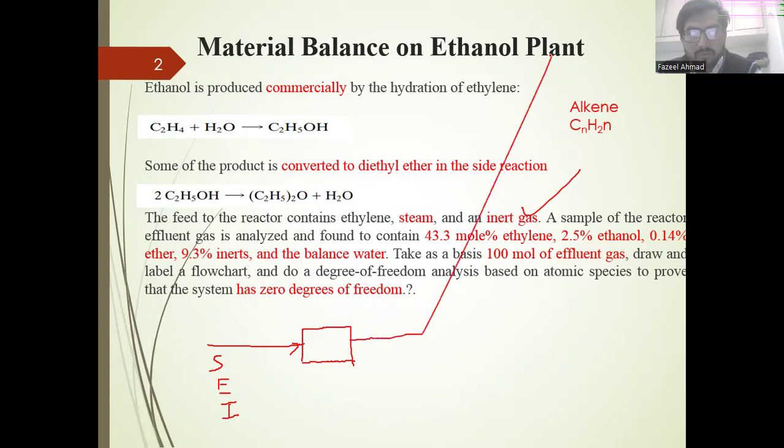So the products from this reaction are ethanol, as you can see, which is produced in the first reaction, and the second product, diethyl ether. We are labeling it as diethyl ether.